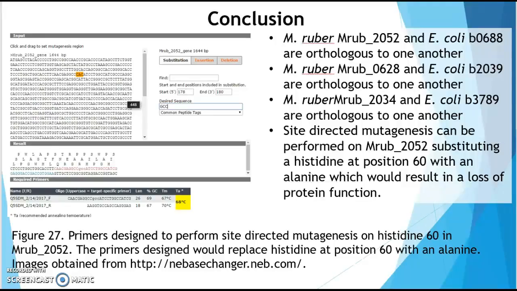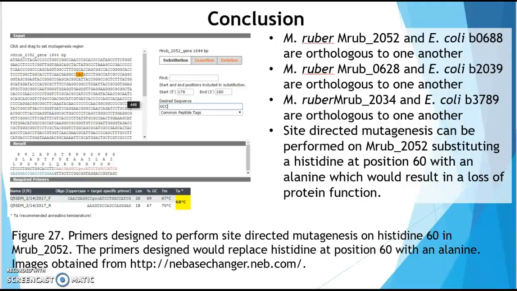After these conclusions were made, a hypothetical site-directed mutagenesis was designed using the NEBaseChanger bioinformatics tool. MRUB2052 was chosen to be used for this site-directed mutagenesis because of its high identity to B0688.